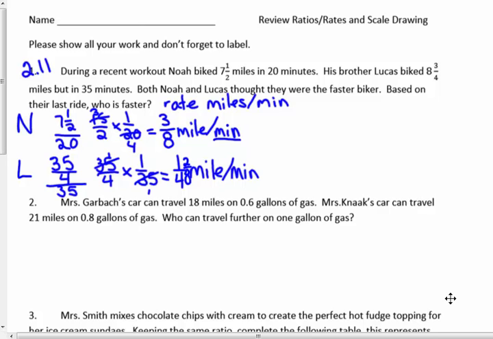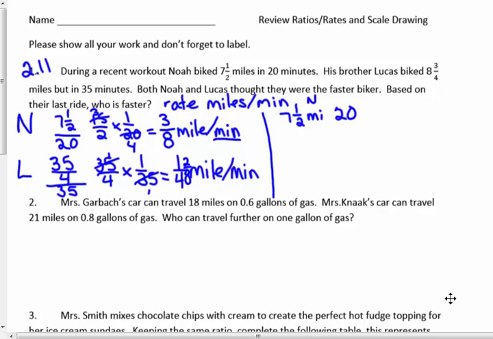Another way that I could do this, I could find a common time. I could count by 20s and I could count by 35s, and they do end up having the same time. So if I count by 20s, 7.5 miles in 20 minutes, and so this is Noah.